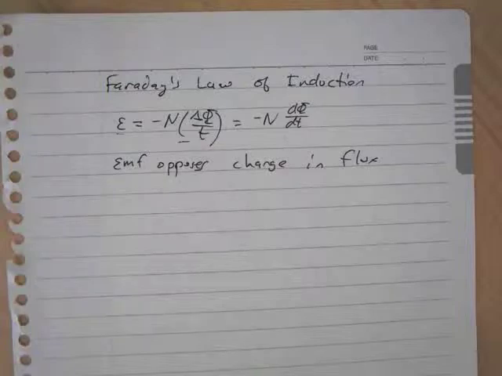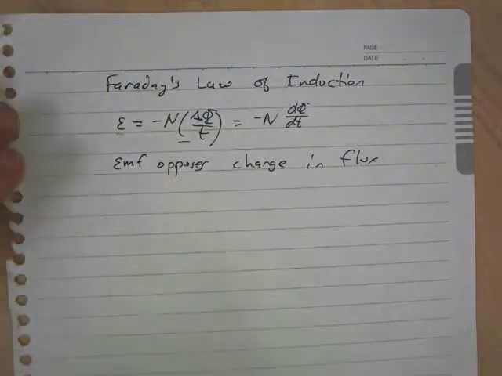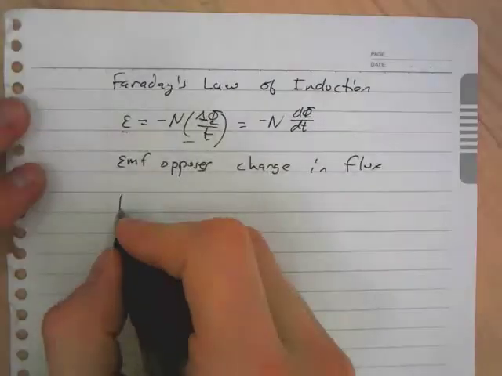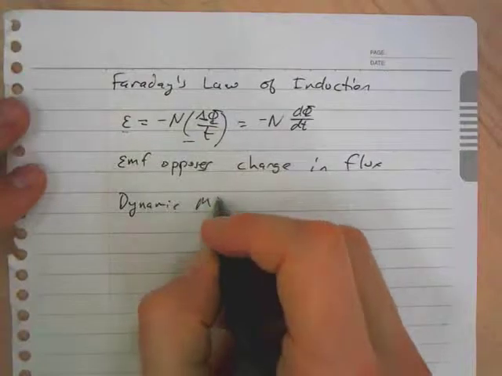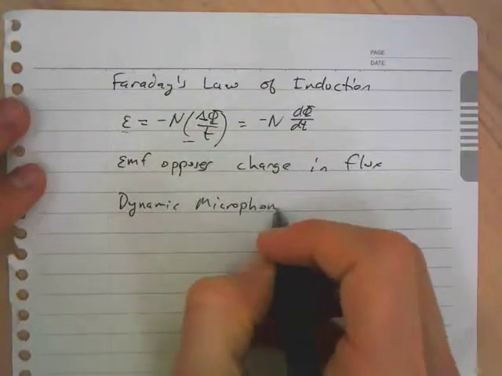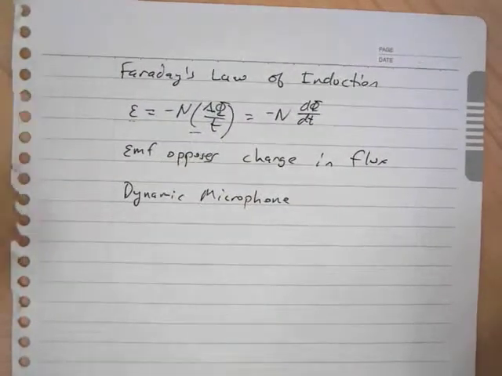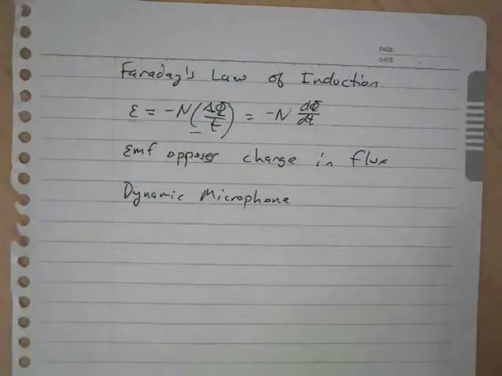Now there are a bunch of different applications of Faraday's law. Quite a few. There are a lot of electronic devices that use this. Perhaps the simplest is what's called a dynamic microphone, which has a diaphragm on it that just vibrates in accordance with the sound waves.